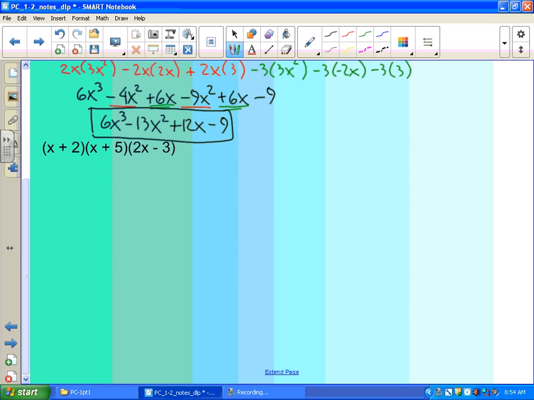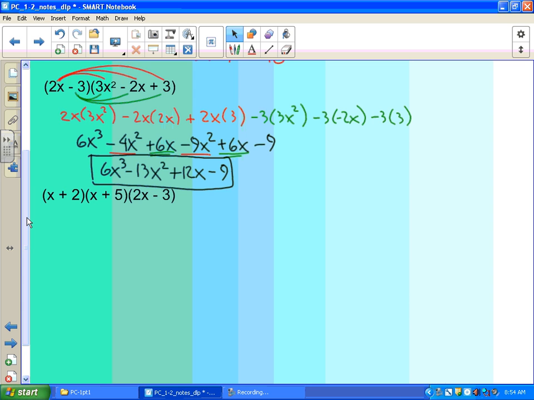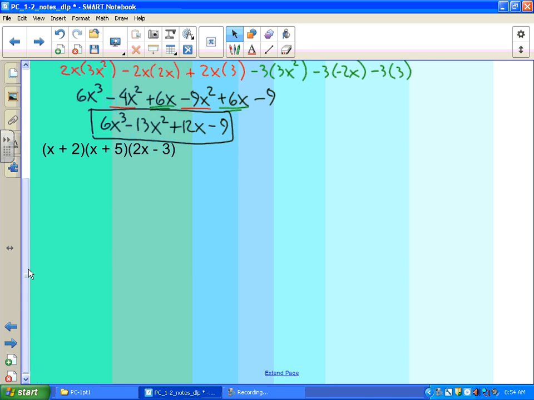Well, what happens when you have a binomial times a binomial times a binomial? Then you take the two binomials and you could multiply them together as a FOIL, get a trinomial, and then proceed to do what we did on the problem just above this one. So we're going to multiply first of all the x plus 2 and the x plus 5 together as a FOIL problem.